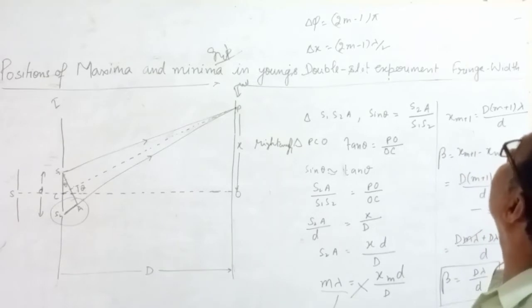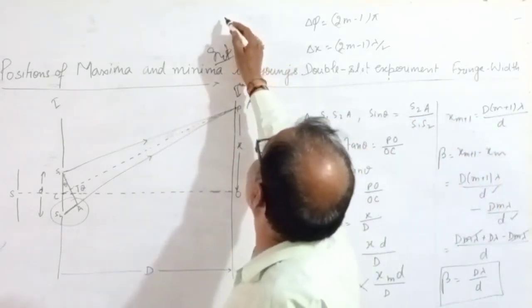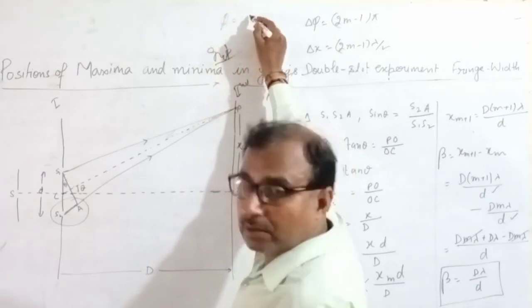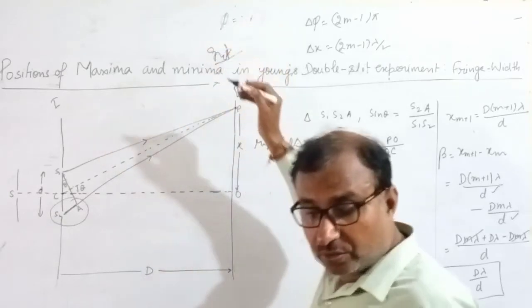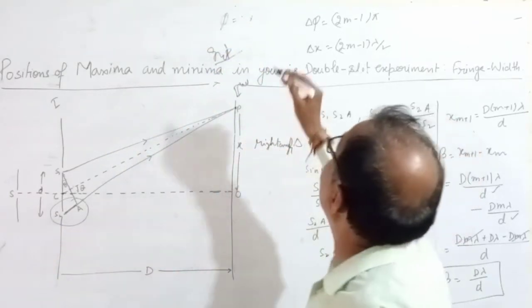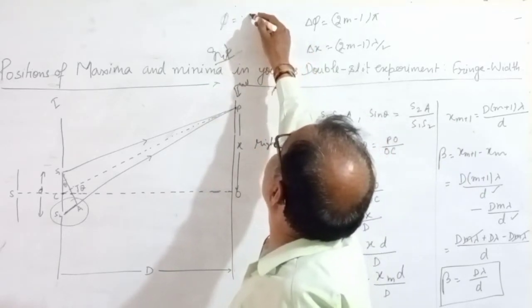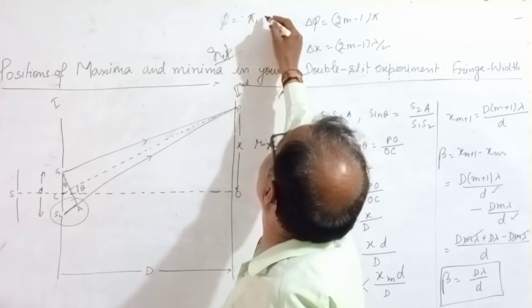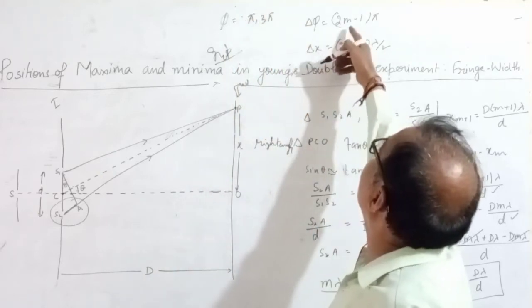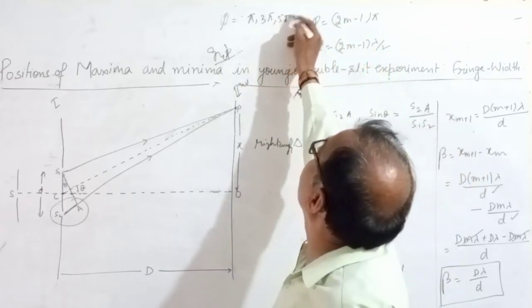For destructive interference, the phase difference should be pi, 3 pi. Put m equal to 1, you get pi; m equal to 2, 3 pi; then 5 pi.